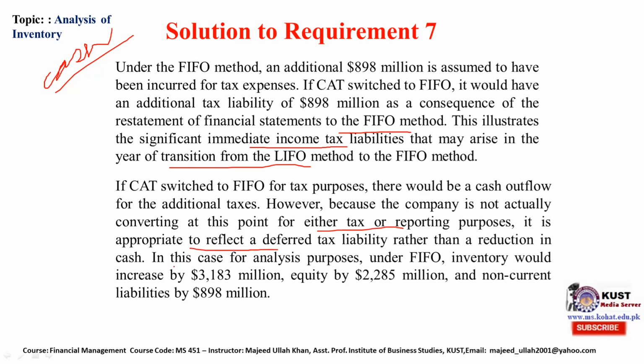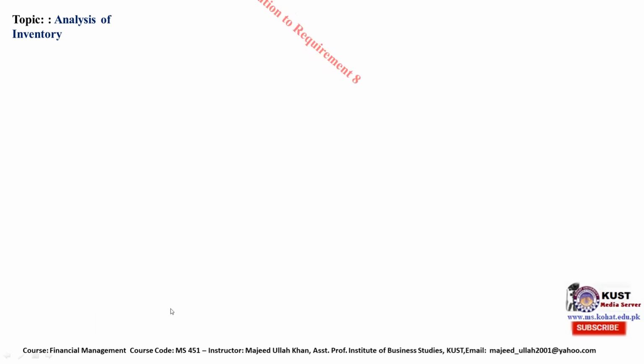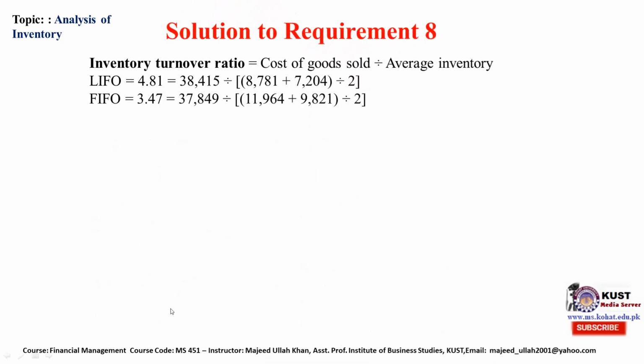In this case, for analysis purposes, under FIFO, inventory would have increased by this amount, equity would have increased by this amount, and the non-current liability, the deferred tax liability, would be increased by this amount. Now, what would happen to the inventory turnover ratio?